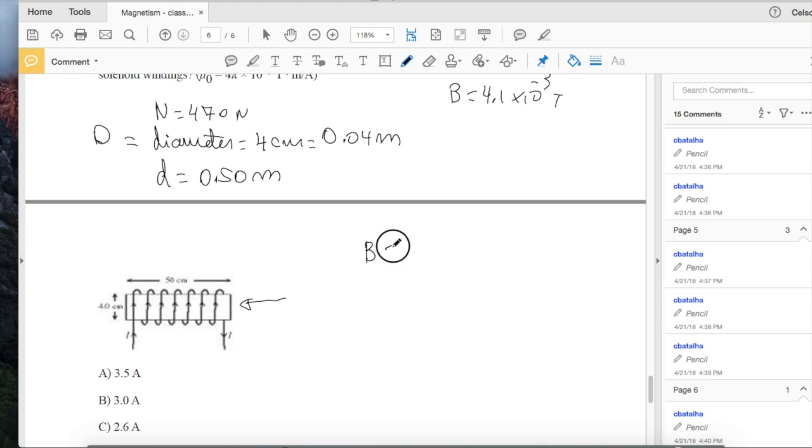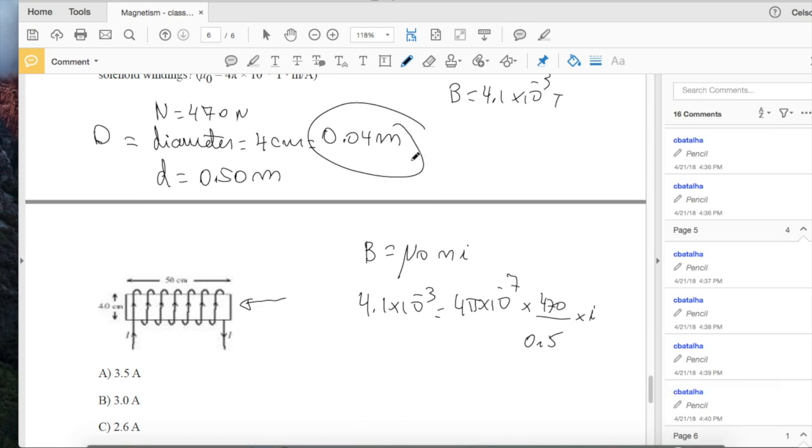But you take B is equal to mu naught n I, so 4.1 times 10 to the minus 3 is equal to 4 pi times 10 to the minus 7 times 470 divided by 0.5, which is D, times the current, and then you can find the current. So this diameter is here just to confuse you.